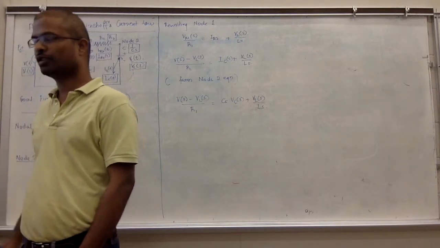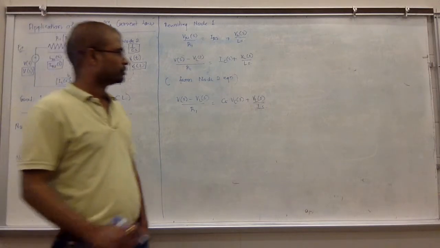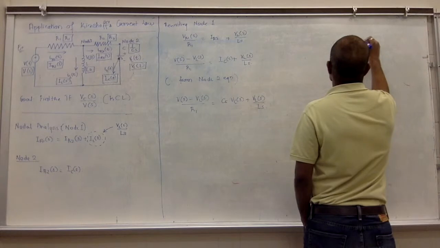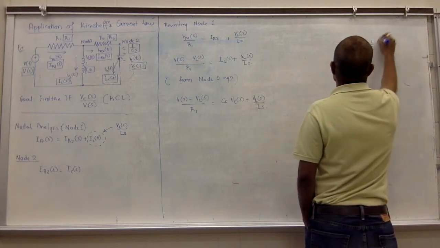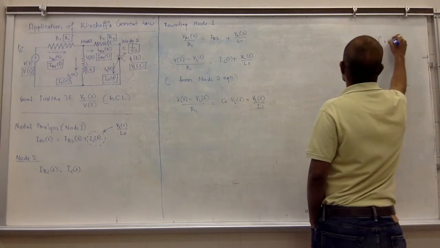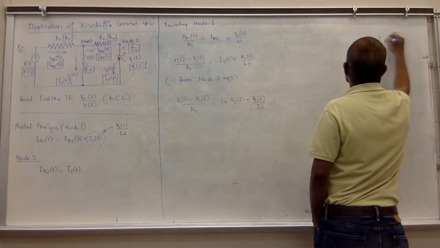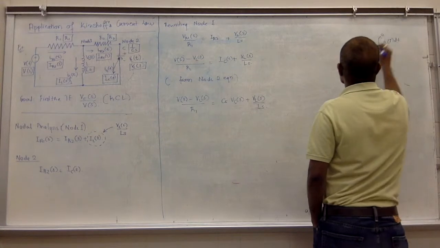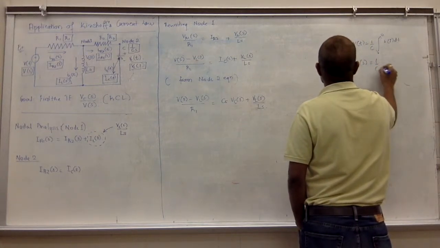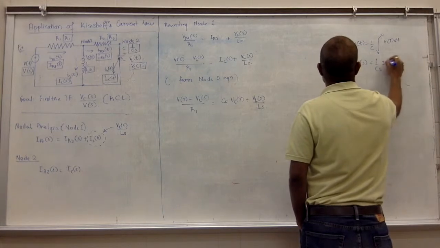You have V of t equal to 1 over C integral of i dt, so V of s equals 1 over Cs times I of s.